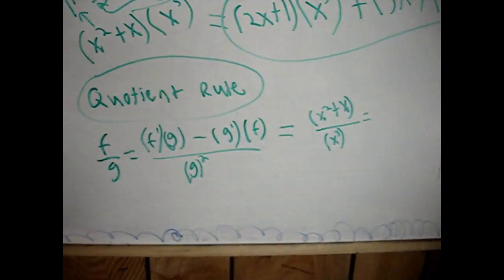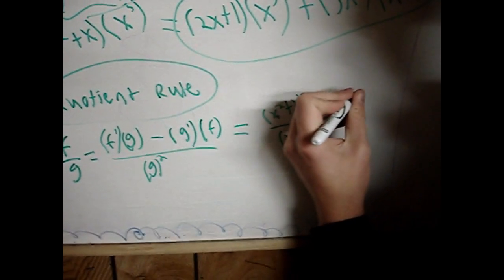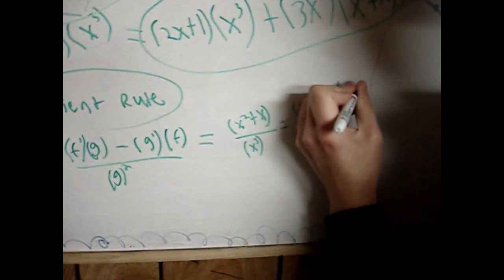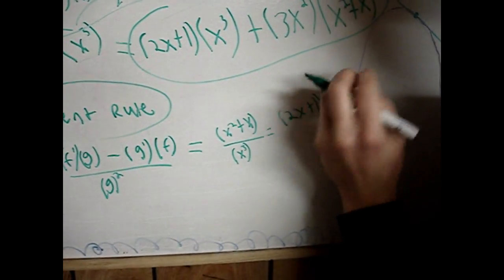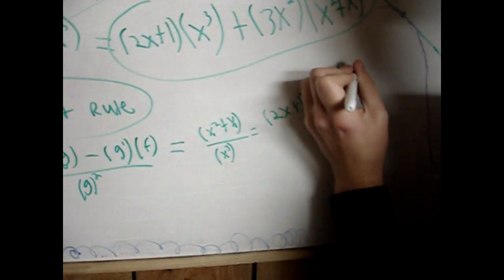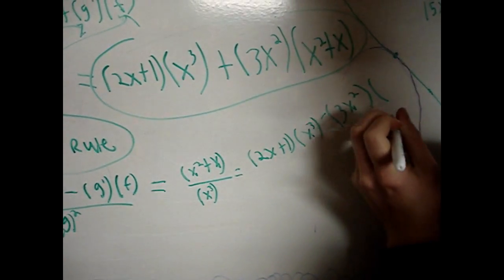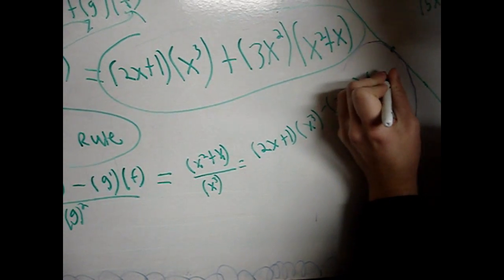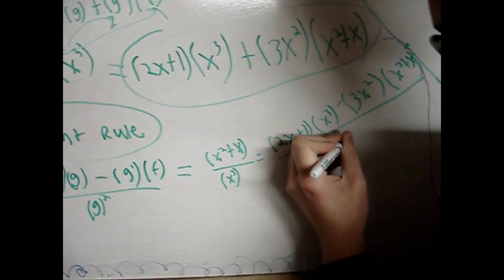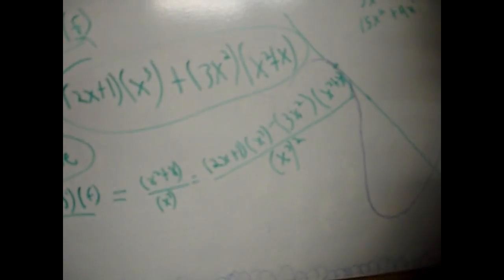Alright, so all you have to do is plug it into the formula. f prime is 2x plus 1 times x cubed minus g prime, which would be 3x squared, times f, x squared plus x, all over x cubed squared. So that'll be your answer.